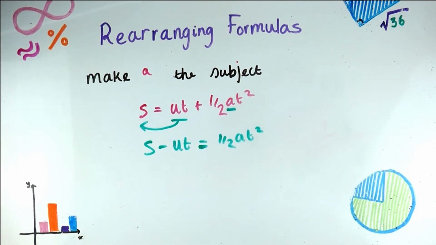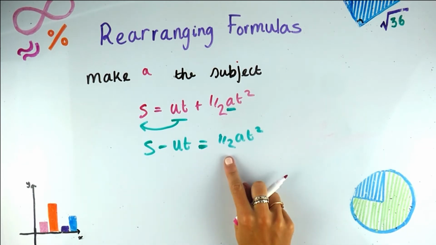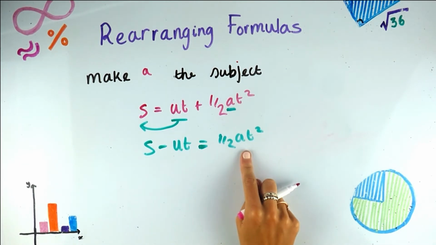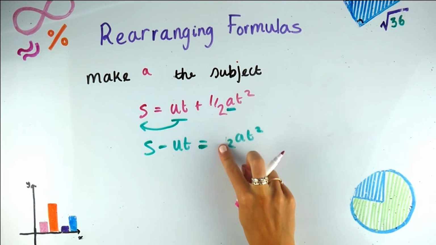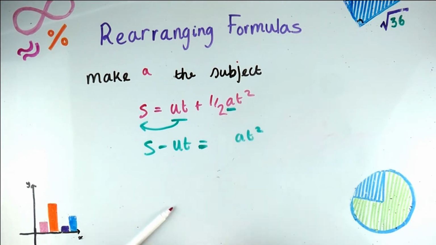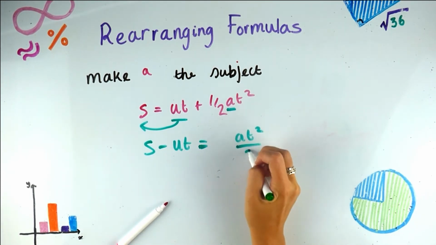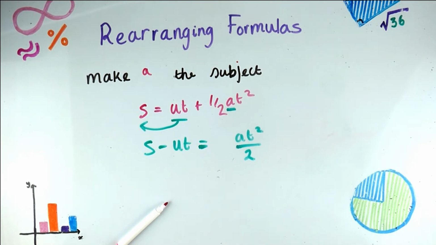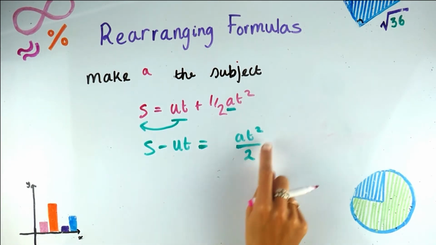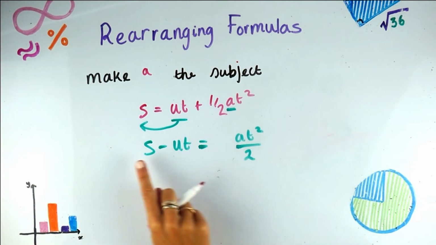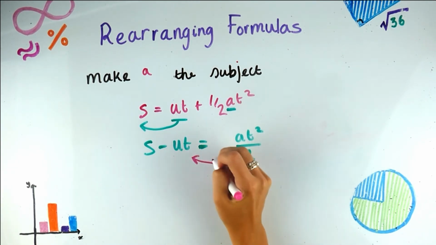Okay, let's do this step at a time. So we are multiplying by a half on this side, which is the same as dividing by 2, so I could rewrite this as at squared all over 2, which looks like something we've dealt with before. So if it's divide on this side, it means we multiply when we take it over the equal sign.